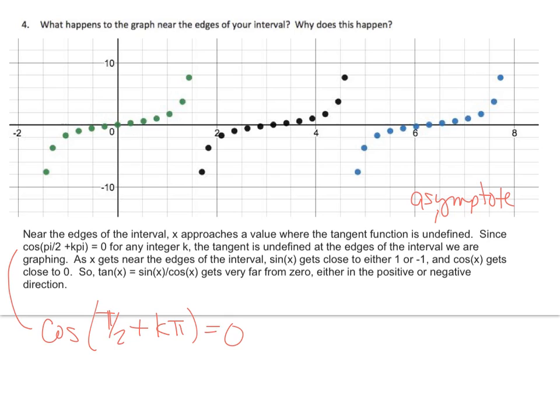As x gets near the edges of the interval, sine x gets close to either 1 or negative 1, and cosine x gets close to 0. So tan x equals sine x over cosine x gets very far from 0, either in the positive or the negative direction. We have asymptotes. Okay, it's a line that will not cross at pi over 2.